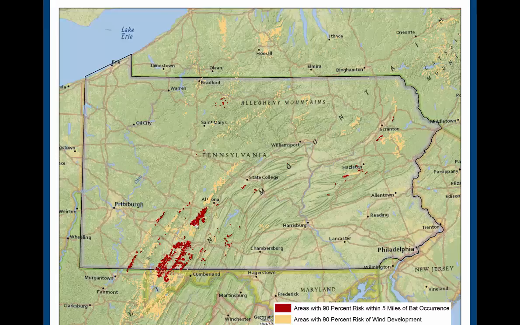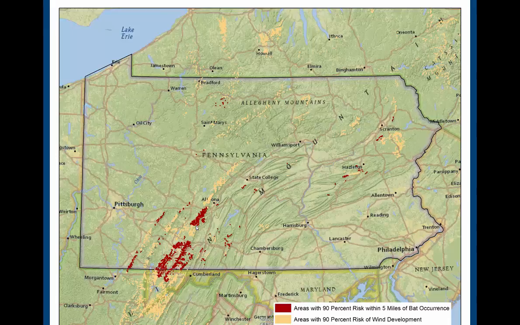These are the areas that met all that criteria, so these are greater than 90% risk of wind energy development and are also within 5 miles of a watershed that has a listed bat occurrence. So you can see within Pennsylvania there are a lot of areas that can be further excluded, so then you can concentrate on these high risk areas which have your species of interest.